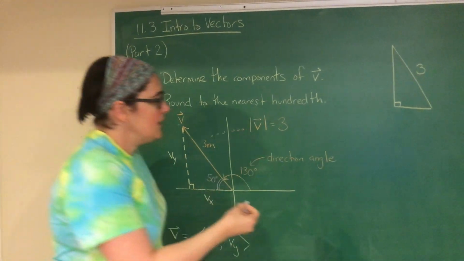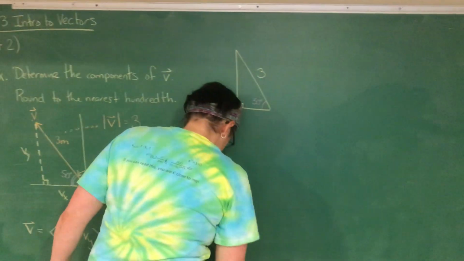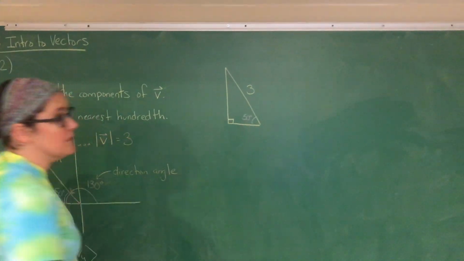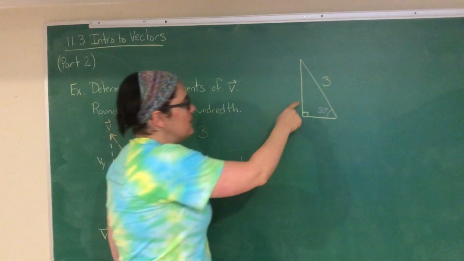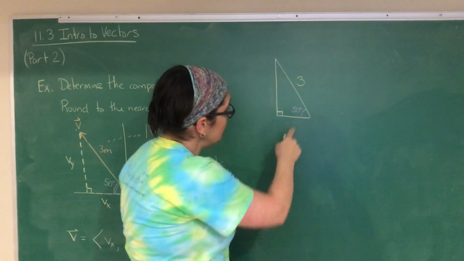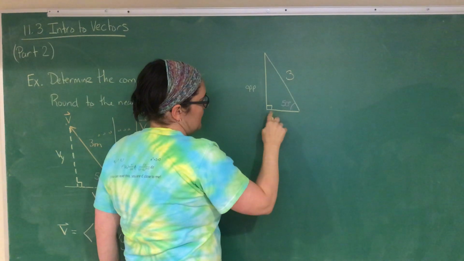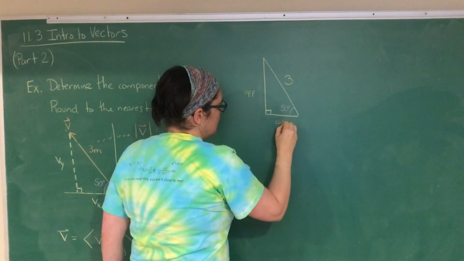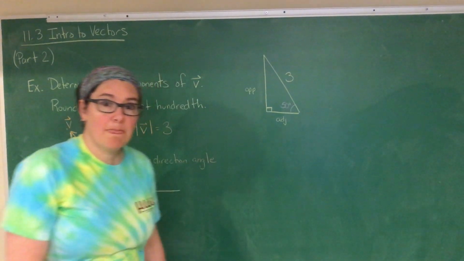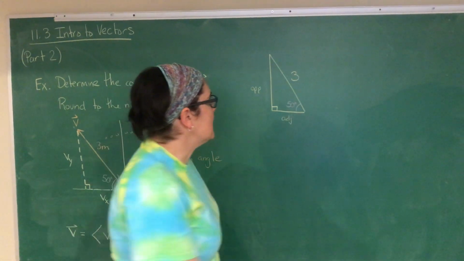Okay, so in our triangle up here, we have an angle of 50 degrees, and we know what the hypotenuse is. So I want to be able to find the vertical side and the horizontal side. And relative to the 50 degrees, the vertical side is our opposite side, and the horizontal side is our adjacent side. So using some trig, I'm going to start by finding that opposite side.